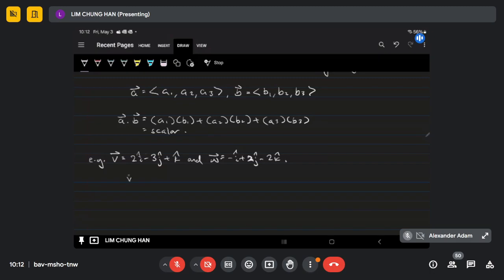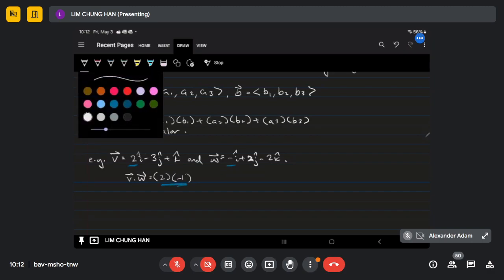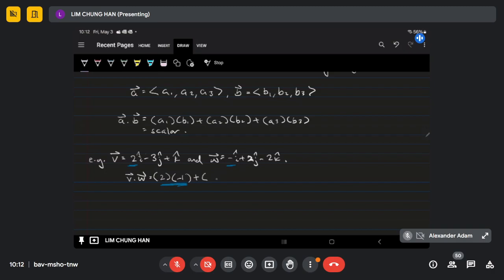When you dot product the two together, you basically multiply the first terms together. 2 and negative 1 gives you this, plus negative 3 and 2, plus 1 and negative 2.